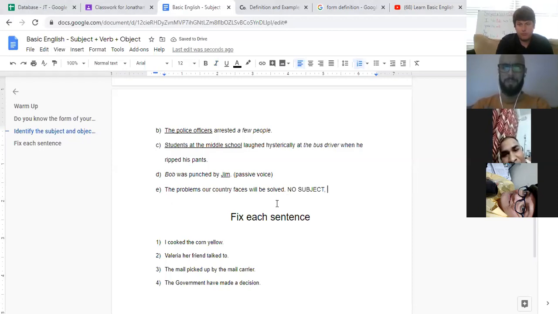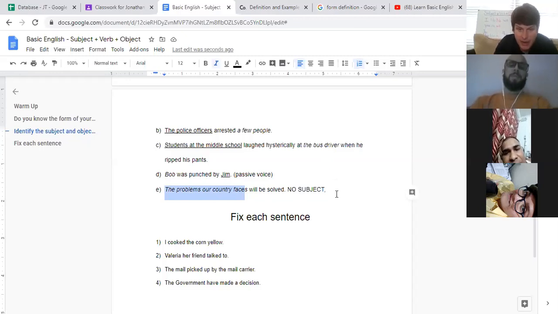The problems our country faces. Exactly, right? So this is actually the problems of our country. Of is missing from this sentence. The problems our country faces will be solved. This is functioning as a subject in the sentence.